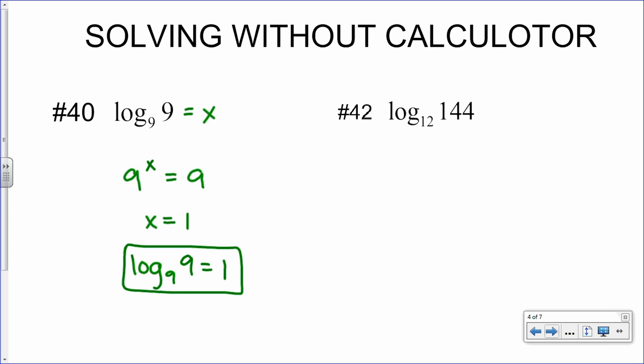Let's do the same thing with the next one. Give you a minute to do this one. Make a note here that we write this in exponential form.